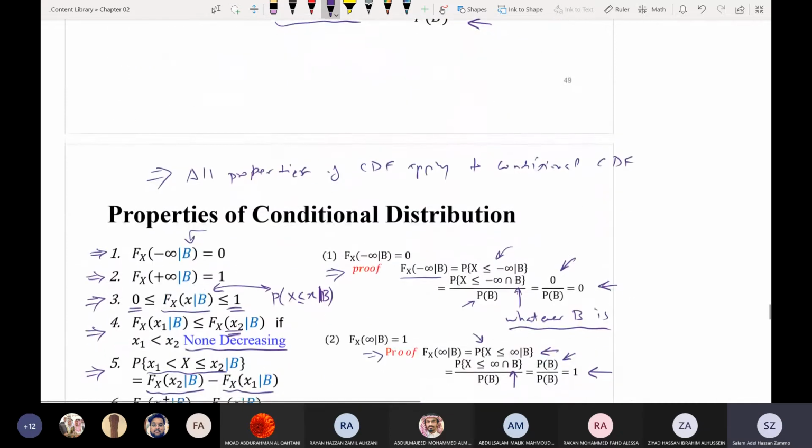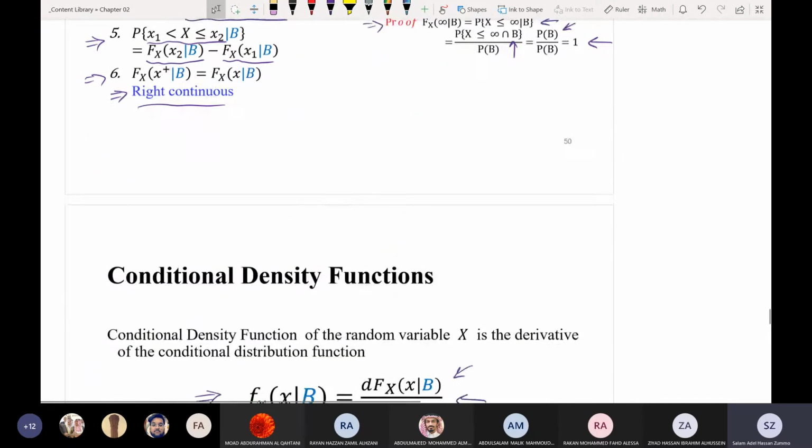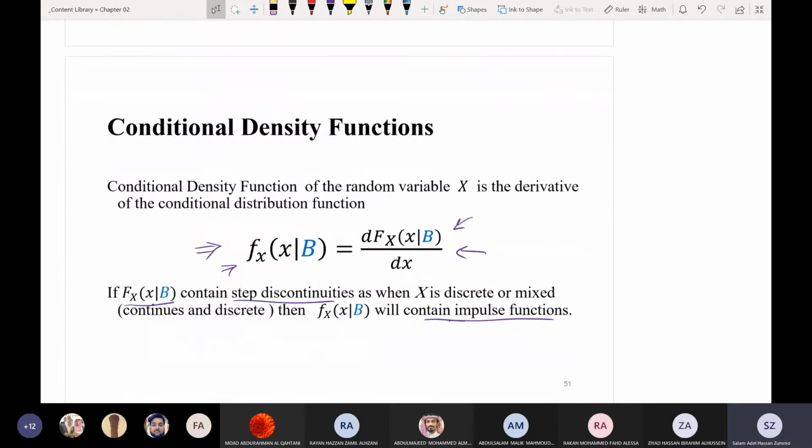And we looked at the properties, and we mentioned briefly that all the properties of a CDF apply to conditional CDFs. And then we talked about the density function, and we mentioned that the density function is the derivative of the conditional distribution function. So you just do the derivative.